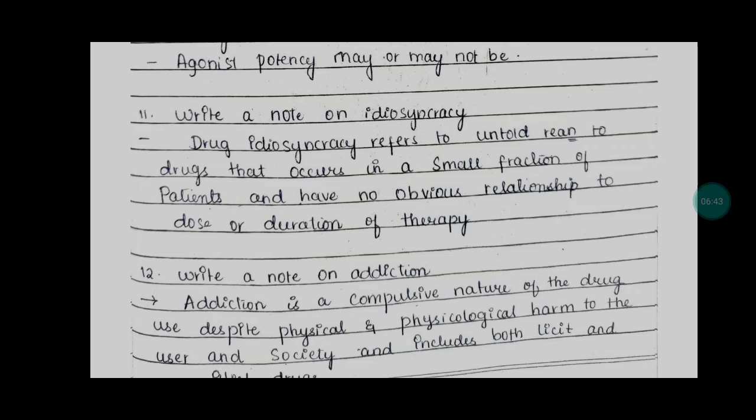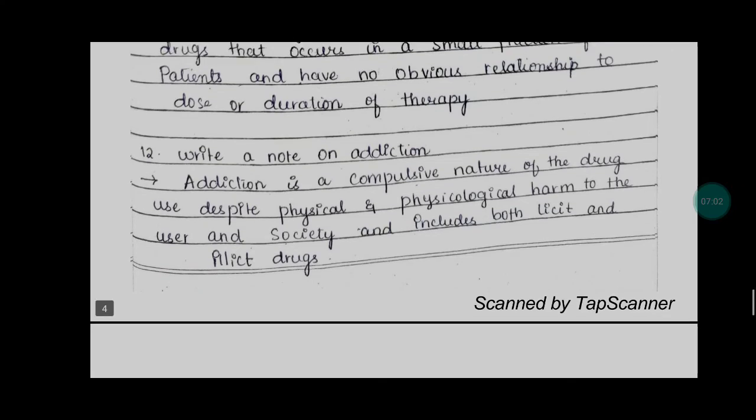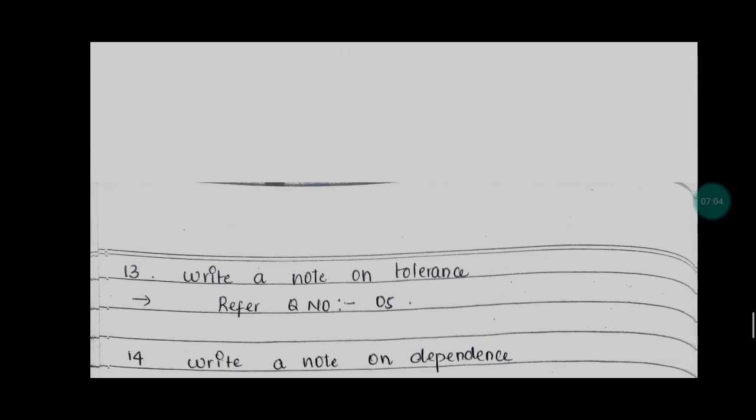Question number 12, write a note on addiction. Addiction is the compulsive use of a drug despite physical and psychological harm to the user and society, and includes both licit and illicit drugs, meaning legal and illegal drugs.